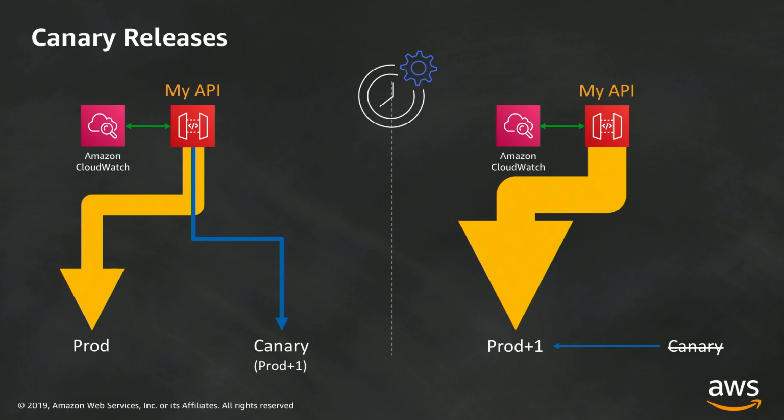And then I can monitor my CloudWatch metrics or logs to make sure there are no issues. And then as I ramp up my confidence, I can start ramping up the percentage in the Canary, from 2 to 10, 20, 70, 80, 100. Once I'm done at 100, the stage is just pointing to prod +1 and there's no more Canary, because the Canary becomes the actual non-Canary prod version.